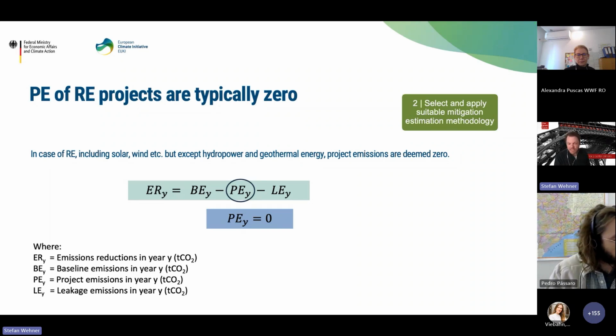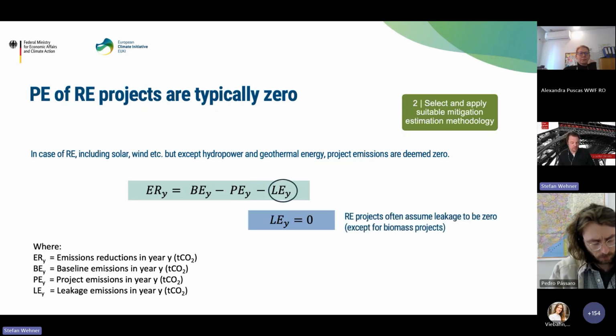Obviously, if you would like to do this, upstream emissions from the manufacturing can be included, but compared to the 20 years of operation, they are typically minor with solar, and typically they are paid back in about a couple of years. And it's quite complex to do that. So for simplification, typically we look only at the operation of these systems. So project emissions during operation is zero.